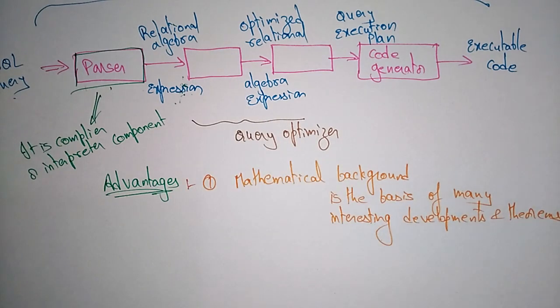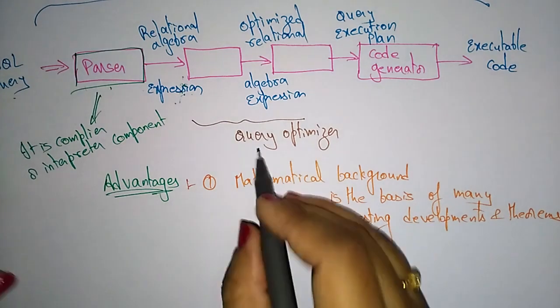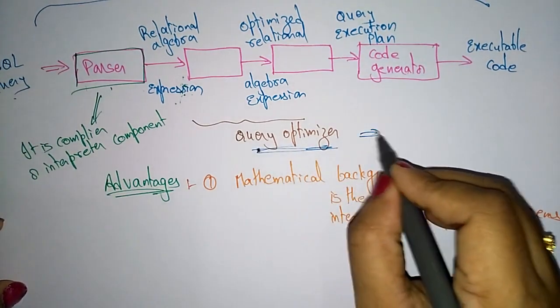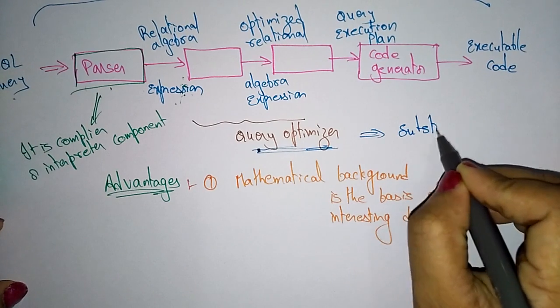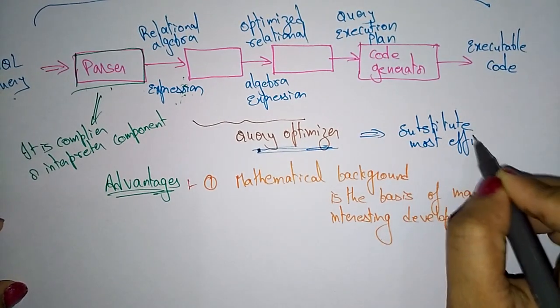One more thing: if we have two expressions for the same operation and the expressions are proved to be equivalent, then with the help of the query optimizer you can automatically substitute the more efficient form. The main use of the query optimizer is to substitute the most efficient query.